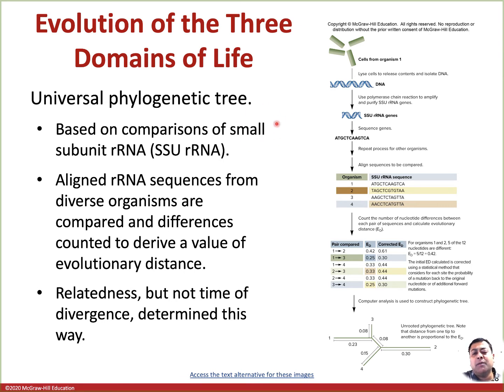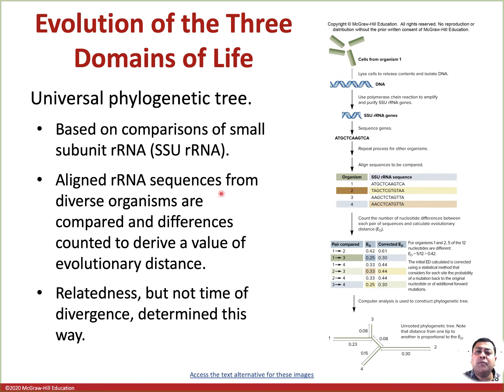The large subunit can be composed of as many as 2 or 3 different types of subunits, and the small subunit can be composed of 2 different types of subunit. One of those small ribosomal RNA sequences can give us some clue about the evolution and the 3 domains of life.